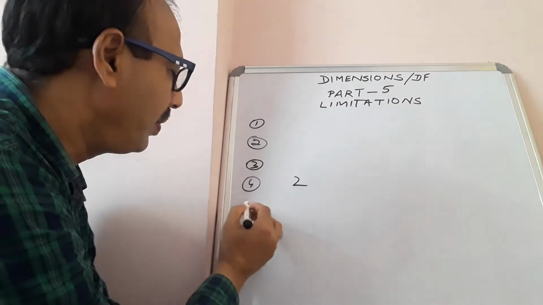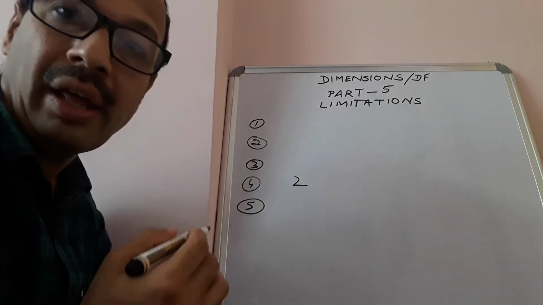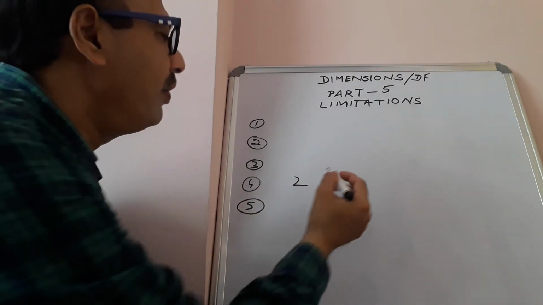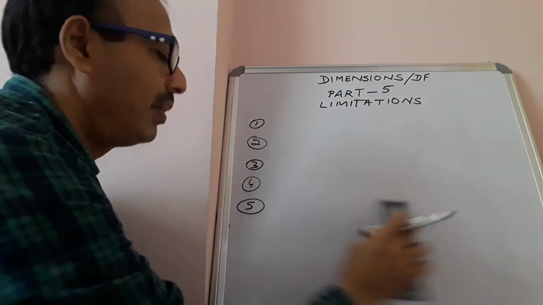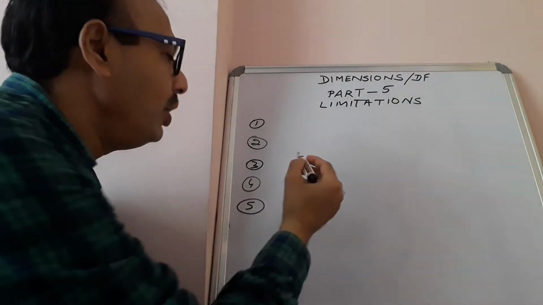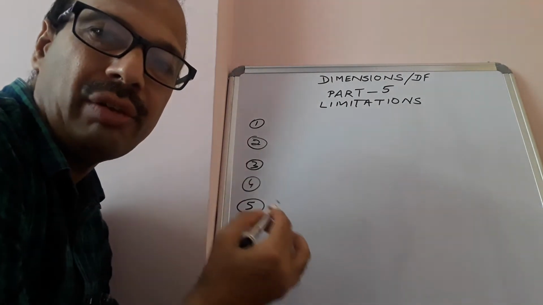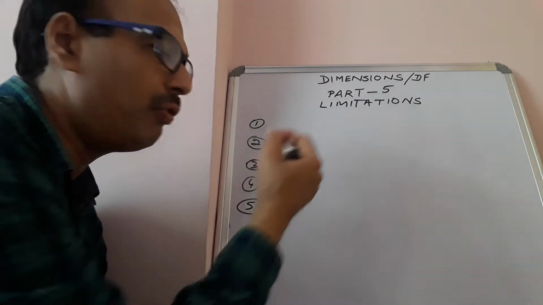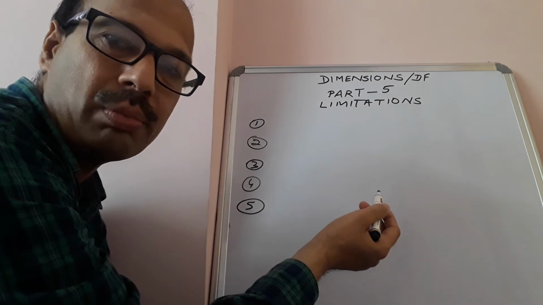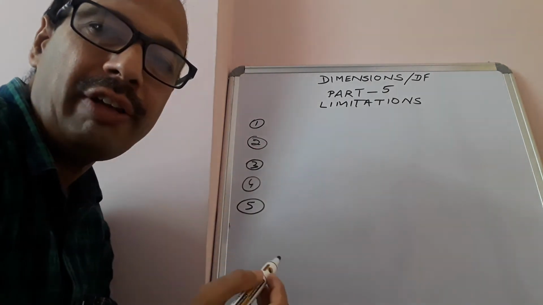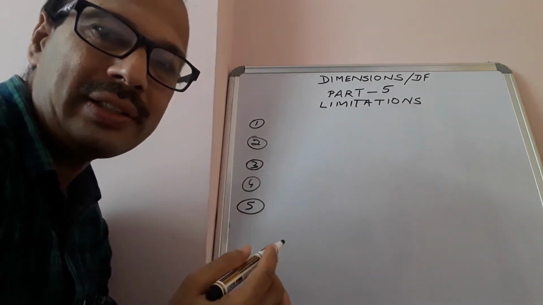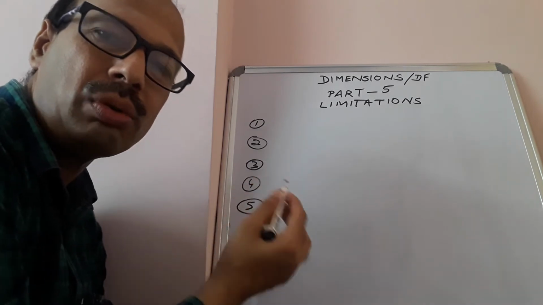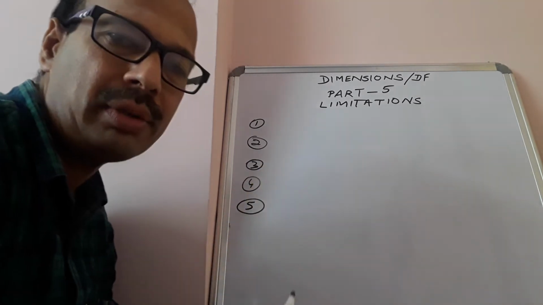Next, if we know the quantity, we can find out its dimensional formula, but if we know the dimensional formula, we cannot identify the quantity, because two or more quantities may have the same dimensional formula.